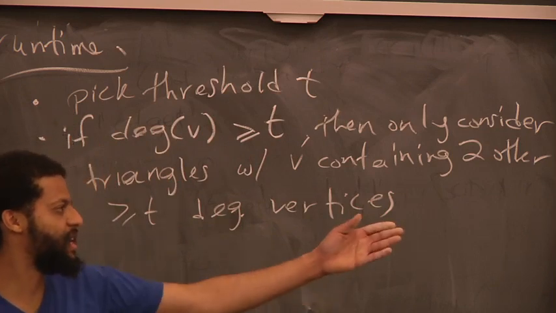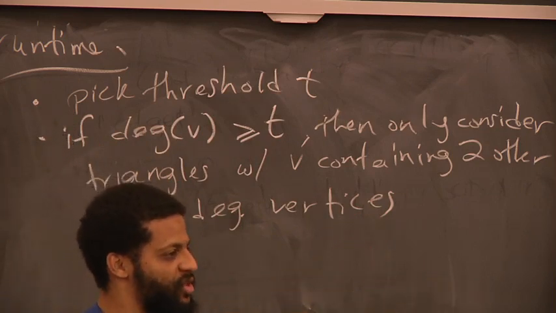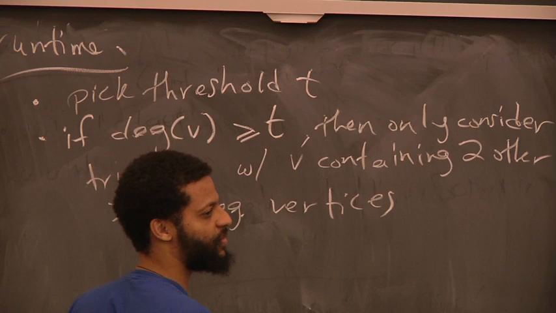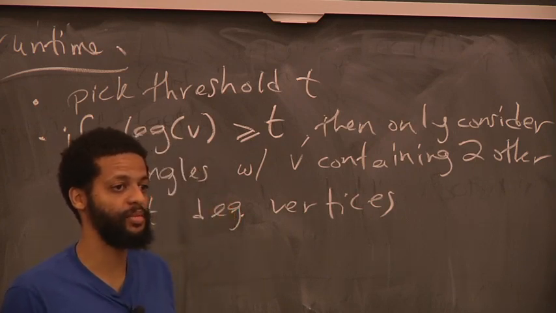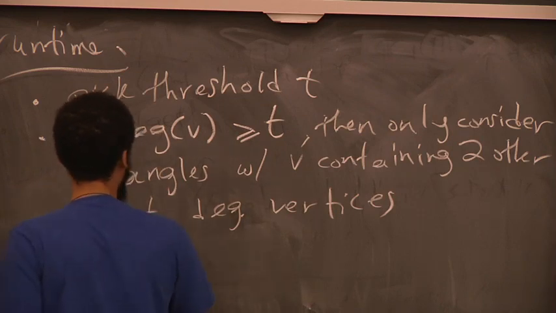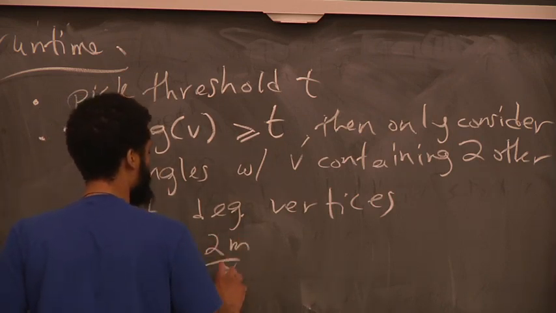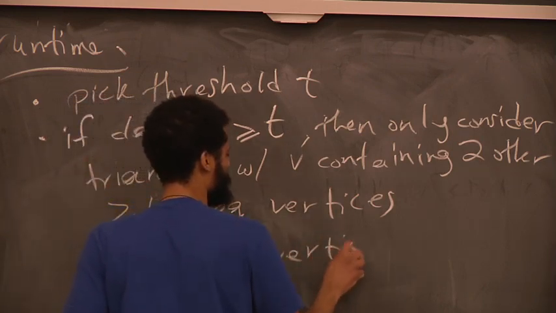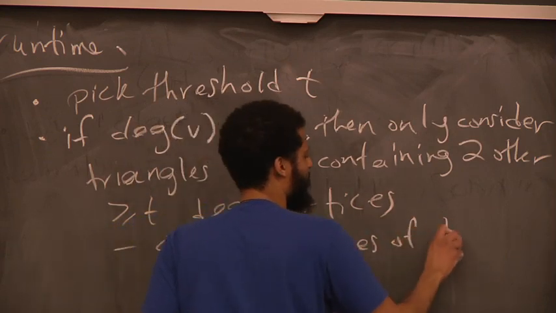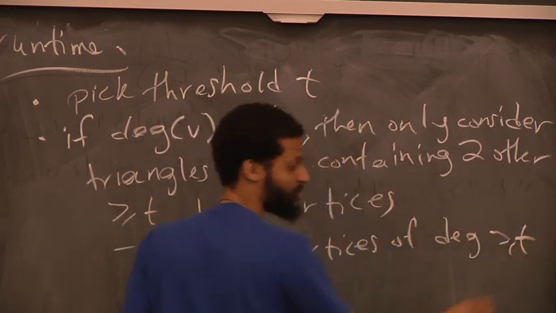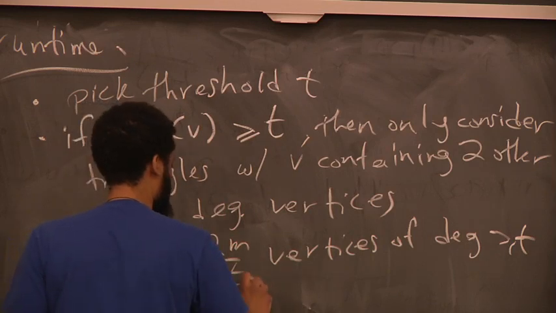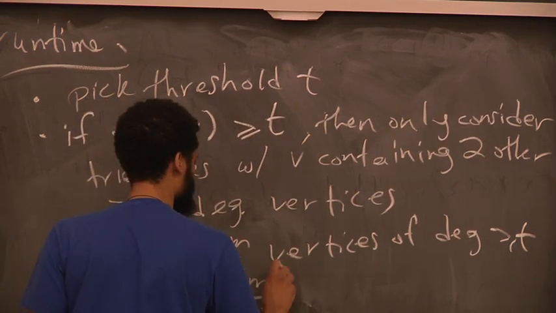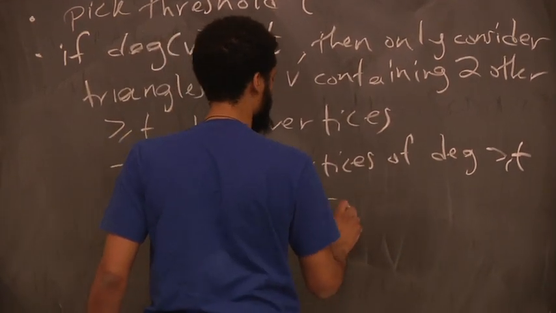So if v has degree at least t, that means u and w also both have degree at least t. But how many vertices are there that have degree at least t? The sum of the degrees is 2m, right? So there are at most 2m over t vertices of degree at least t. So that implies O of (m over t) cubed such iterations.